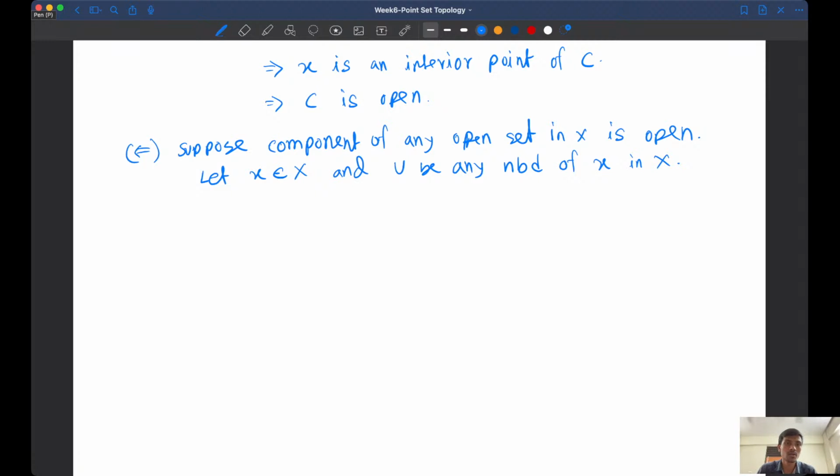that is contained inside U and also contains X, right? So any idea how to get that open set, open connected neighborhood?